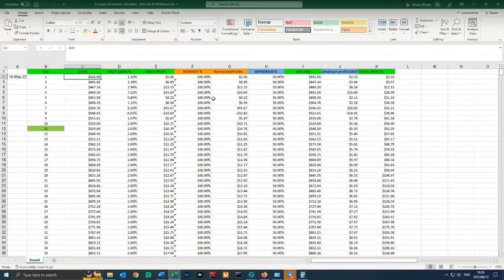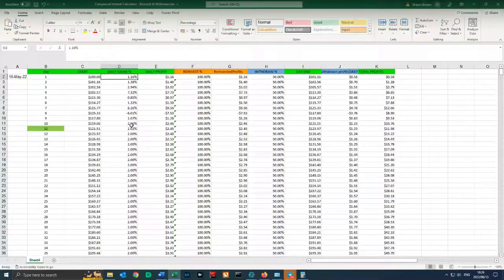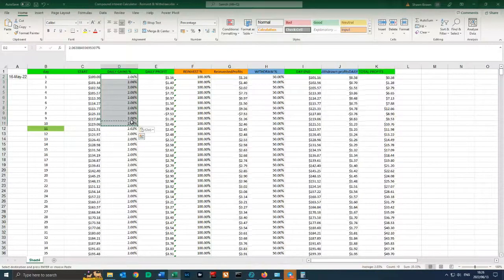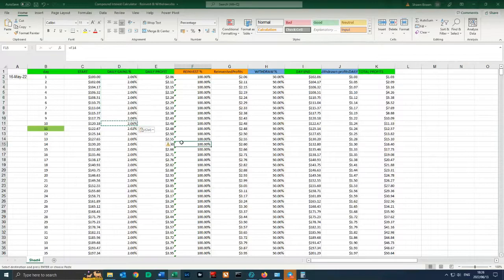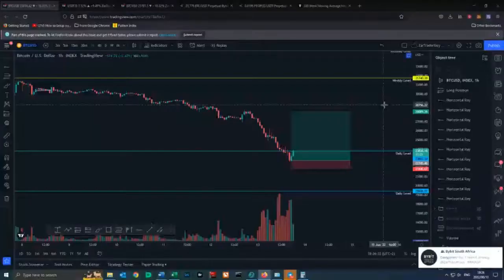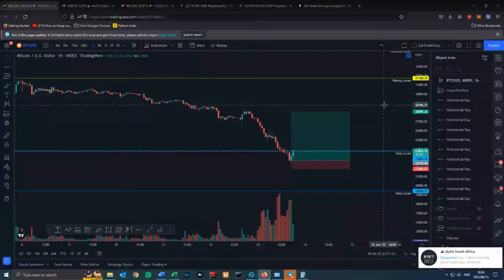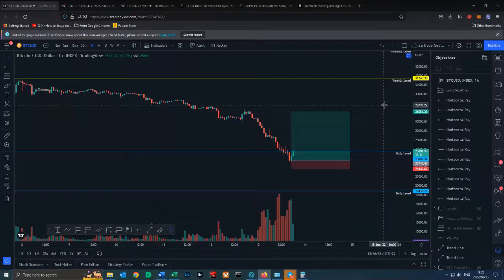I'm going to start this on $100, and let's say we win 2% every day. Without looking at that spreadsheet, if I am looking for a big trade where I'm going to make 50% on a trade, that means my risk is the same as what my reward is going to be.